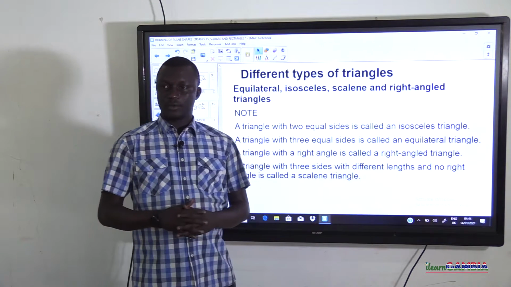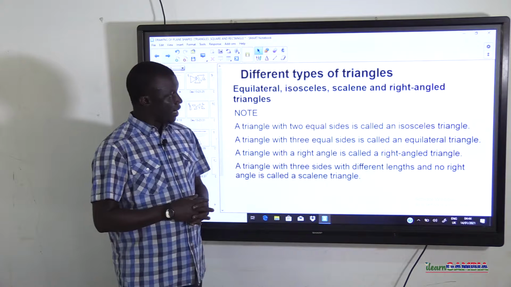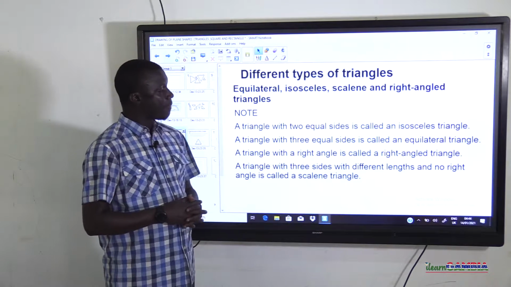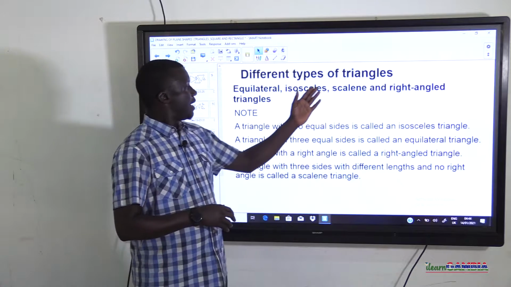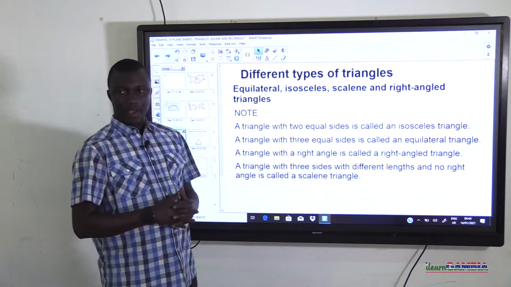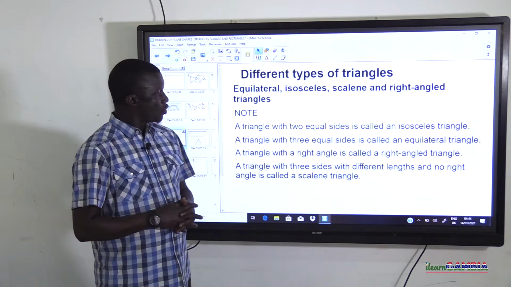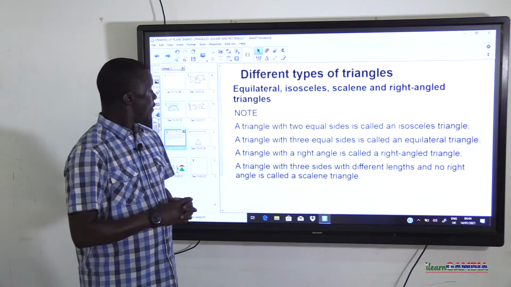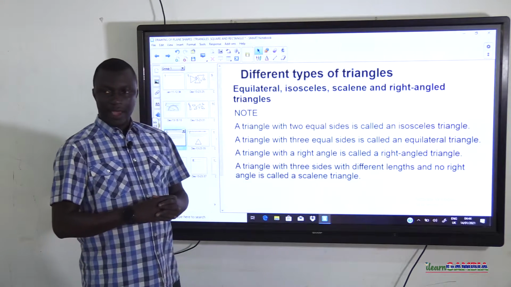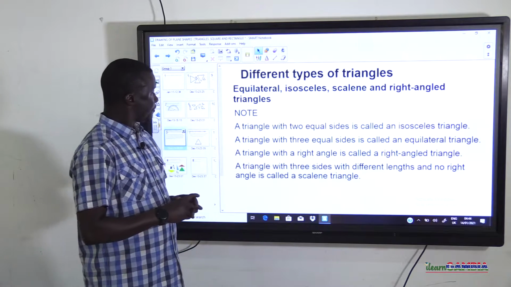Scalene triangle. Again, we will look into scalene triangle and draw some examples. And a right angle triangle. We will also discuss right angle triangles and we will draw some right angle triangles as well.